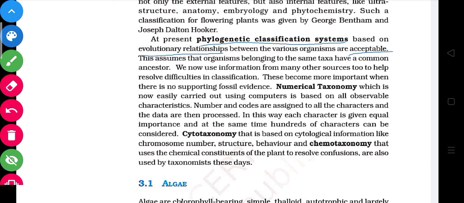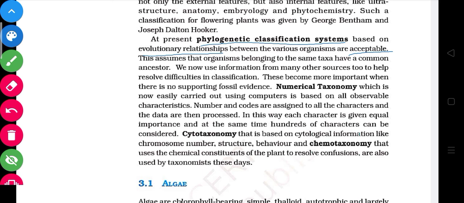This assumes that organisms belonging to the same taxa have a common ancestor. All the organisms that come under the same taxa have a common ancestor. The theory of phylogenetic classification says that many organisms belonging to a family evolved from there. We now use information from many other sources too to help resolve difficulties in classification.